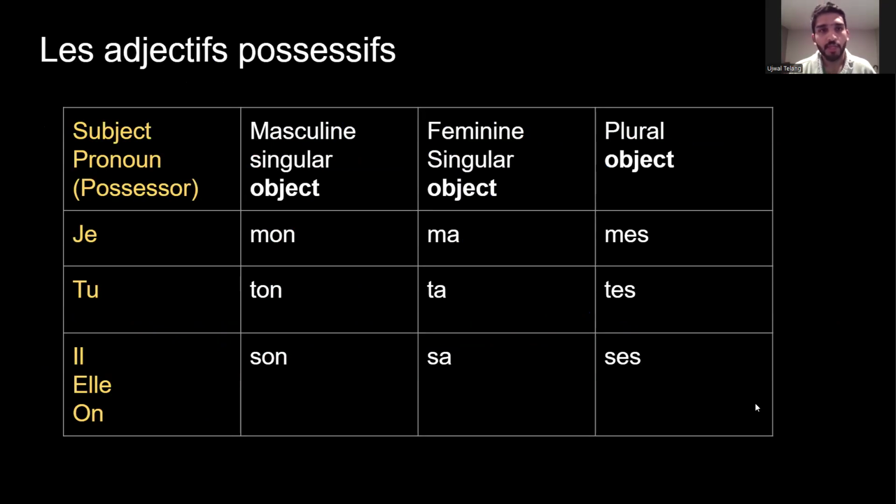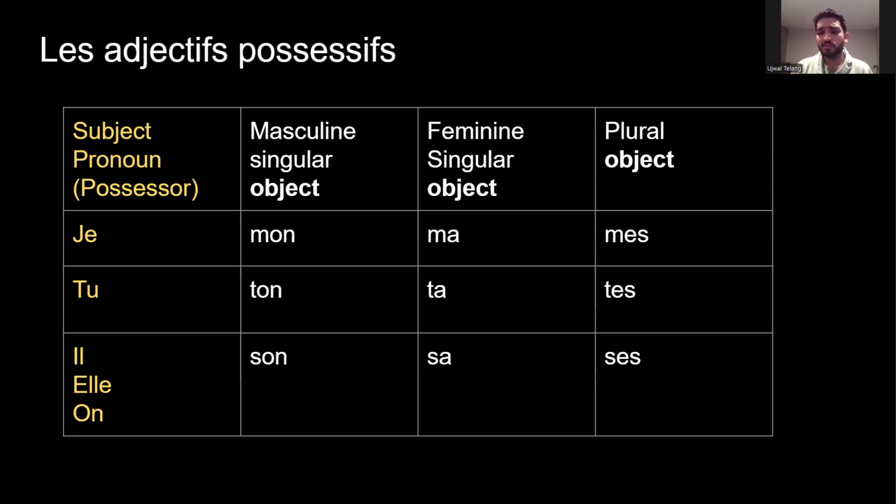So let's see. This is the chart. Okay? So for je, it's gonna be mon, ma, mes. Okay? For tu, it's gonna be ton, ta, tes. For il, elle, on, it's gonna be son, sa, ses. Okay, pretty simple.